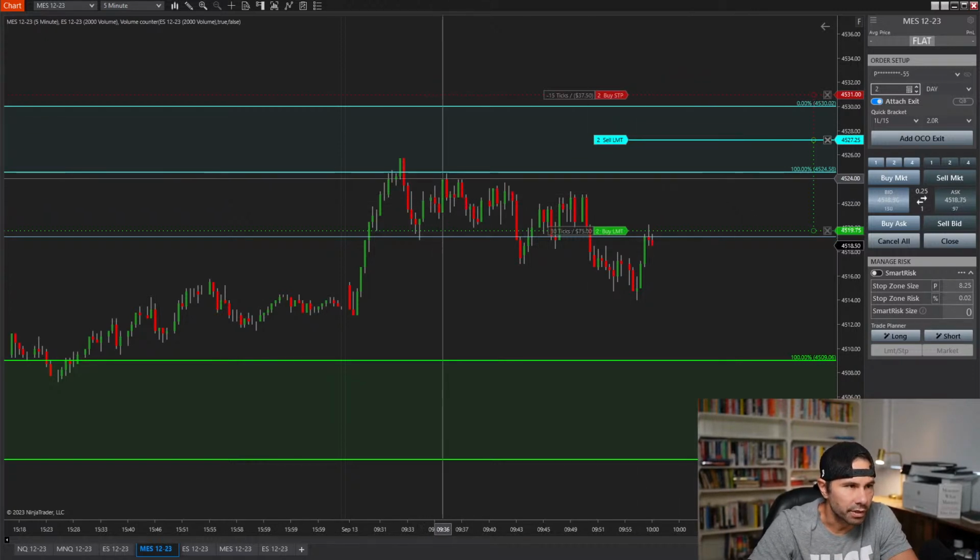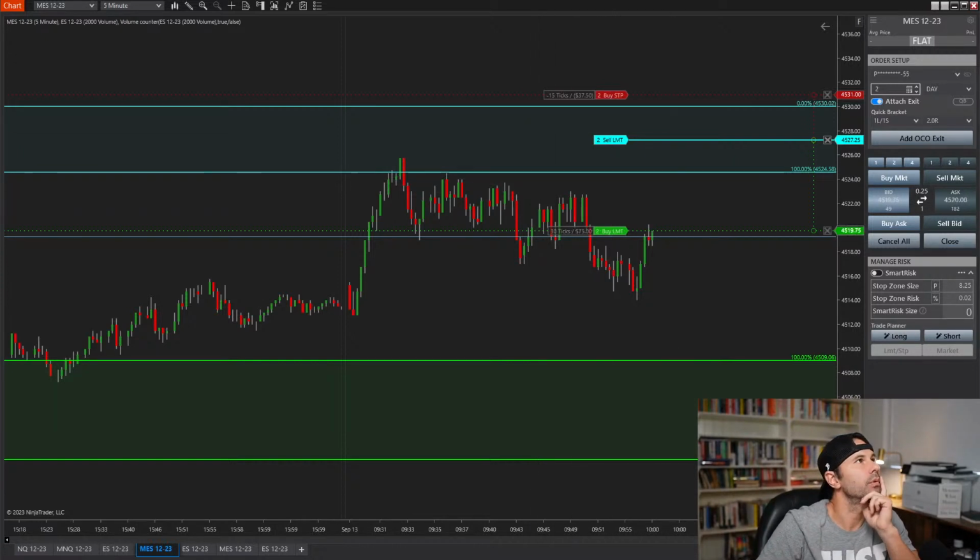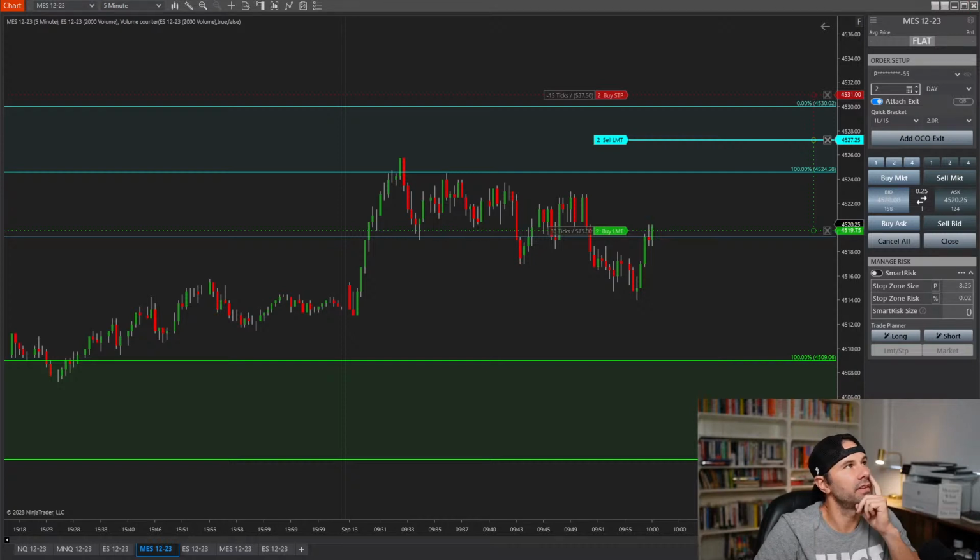Bunch of stops. The majority of stops are right here, at 24. So when we get to 24, if we see that stop triggering, that's our signal.